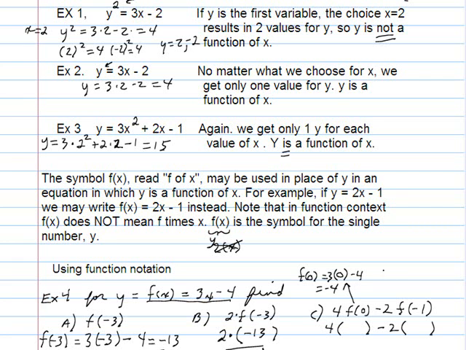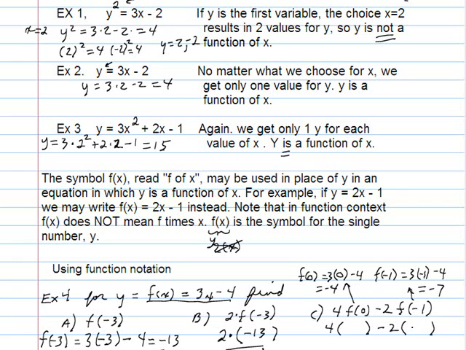I write f with empty holes here to get f of negative 1. Negative 1 goes in the empty holes. So I get negative 3 minus 4, which is negative 7. So now I know that f of negative 1 is negative 7.